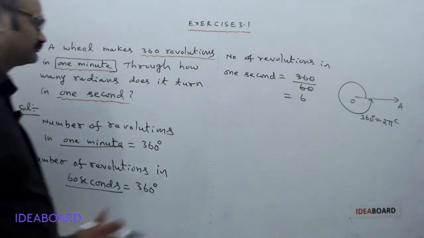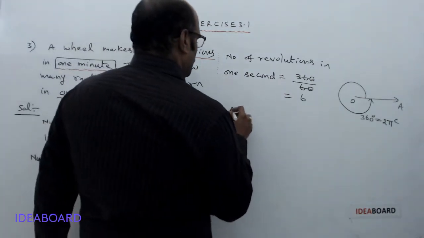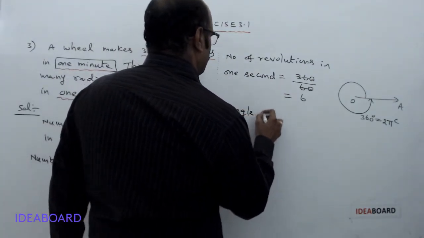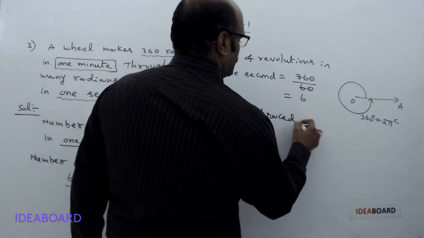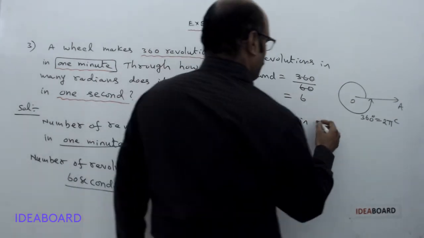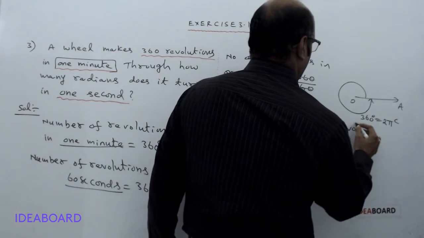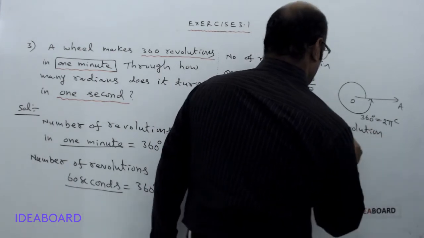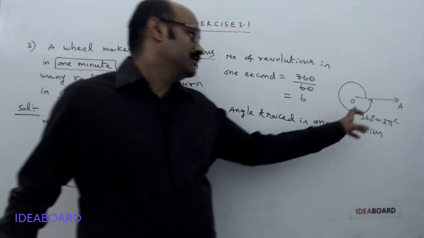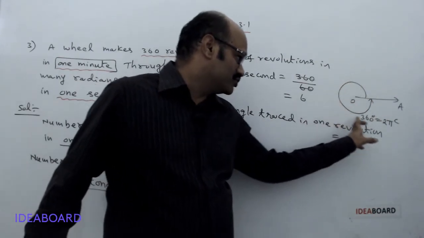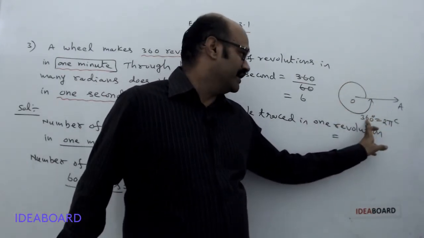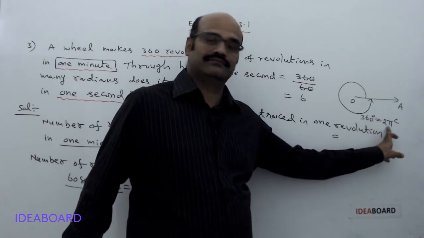Now, angle traced in 1 revolution equal to, if it completes 1 revolution, we get 360 degrees.